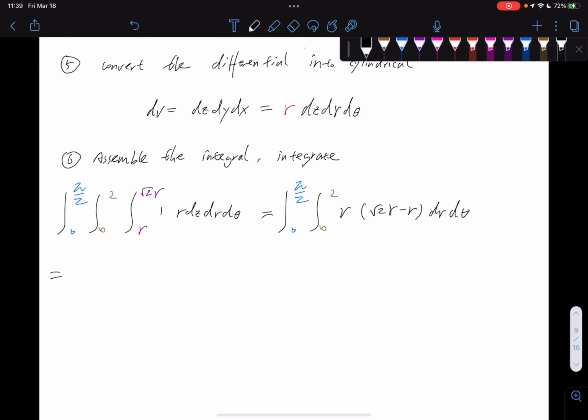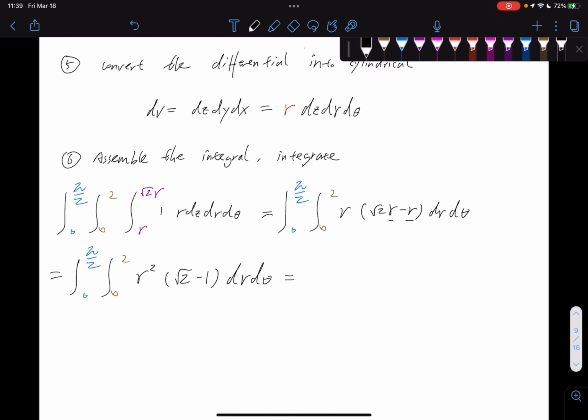And this equals, let me simplify this before we proceed. So that gives us r squared, right? So we moved all of these r out, so r squared times root 2 minus 1, dr d theta.